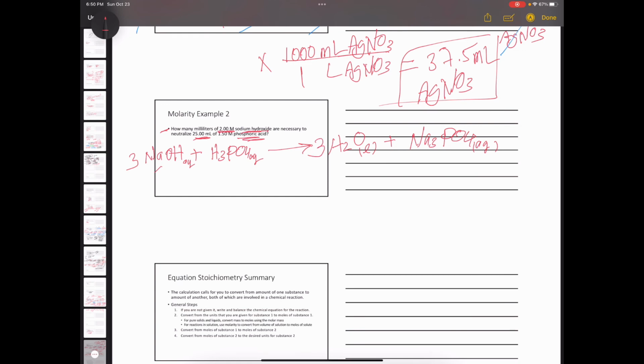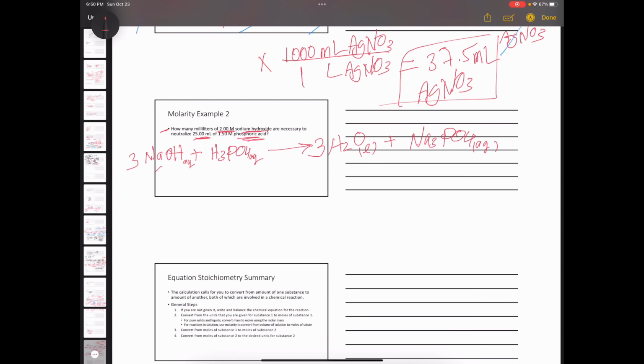So this should bring the equation to being a balanced chemical equation. If you double check the numbers for the hydrogen, the phosphate, the oxygen, everything should be balanced at this point. Okay? So now I have an equation that's stoichiometrically balanced.